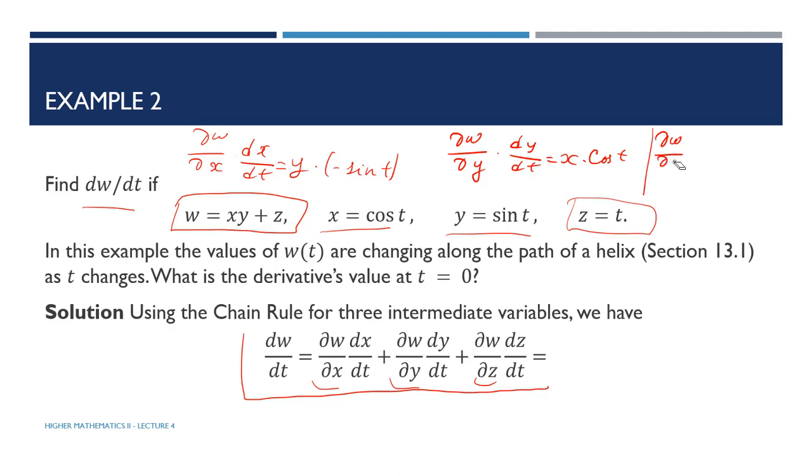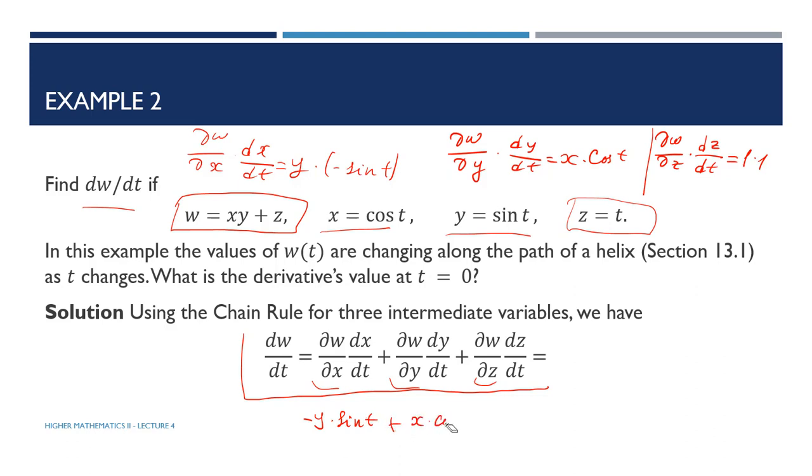And the last one, the derivative of w with respect to z times the derivative of z with respect to t equals 1 times 1. So in this case we have negative y times sine t plus x times cosine t plus 1.